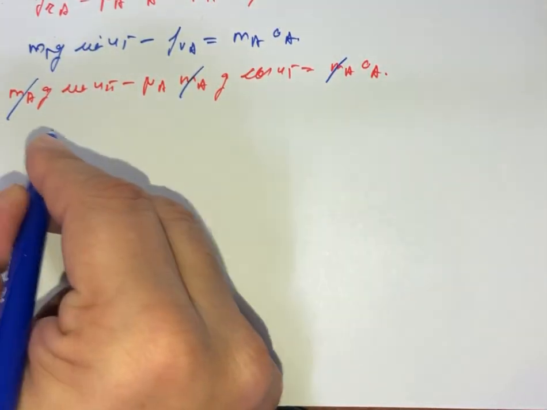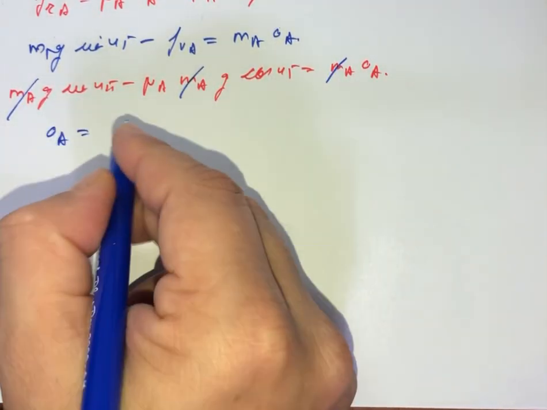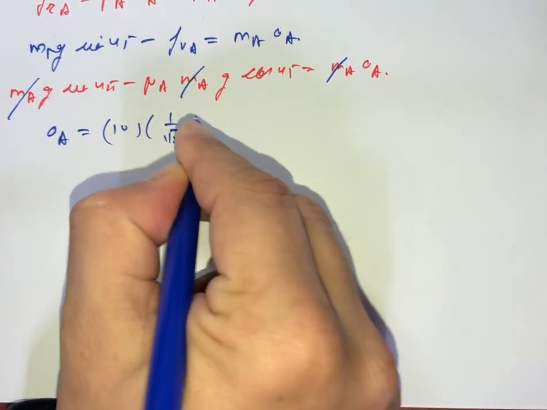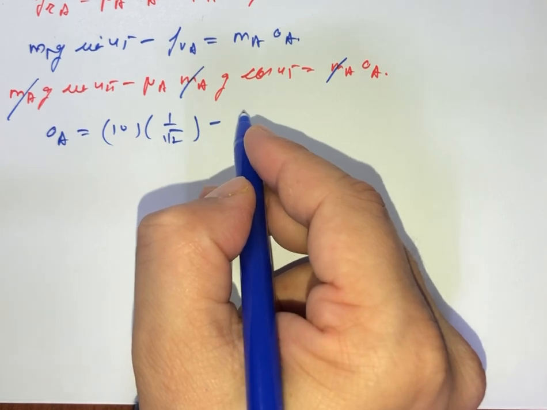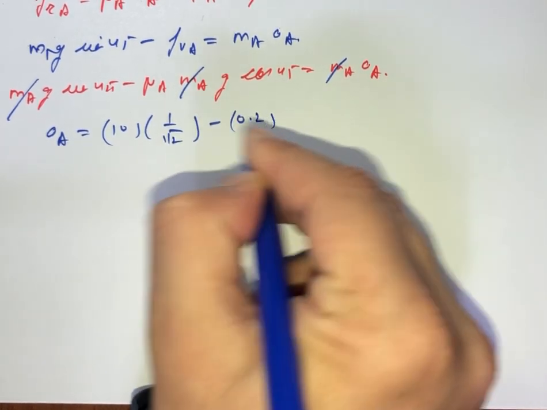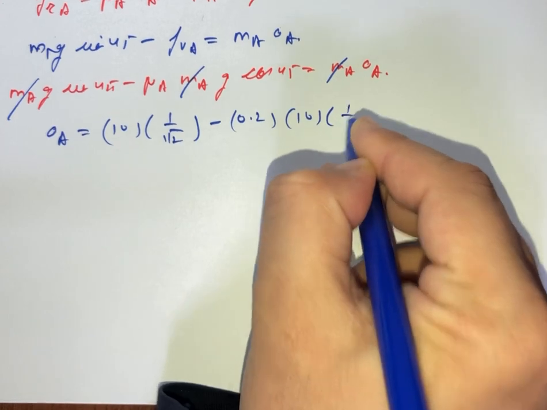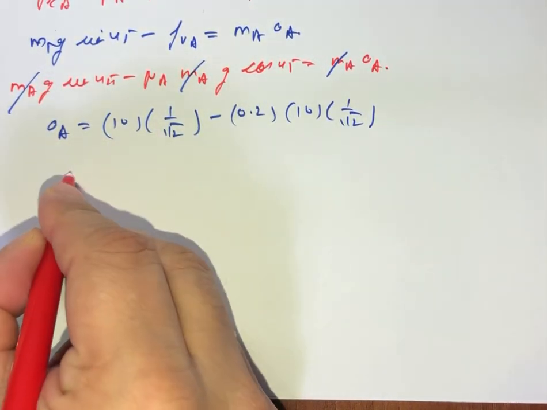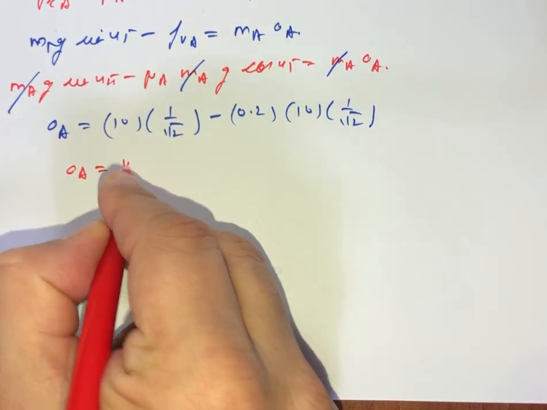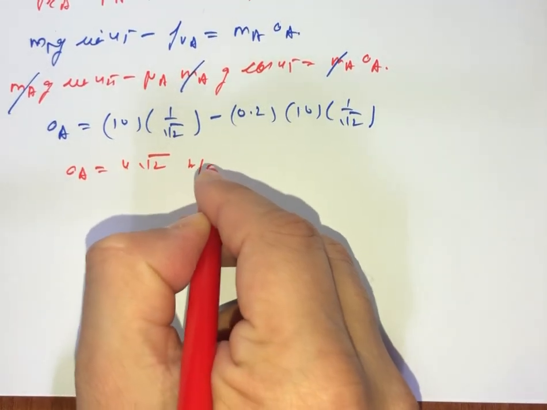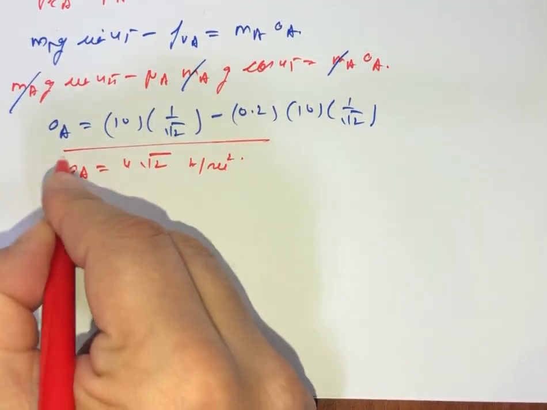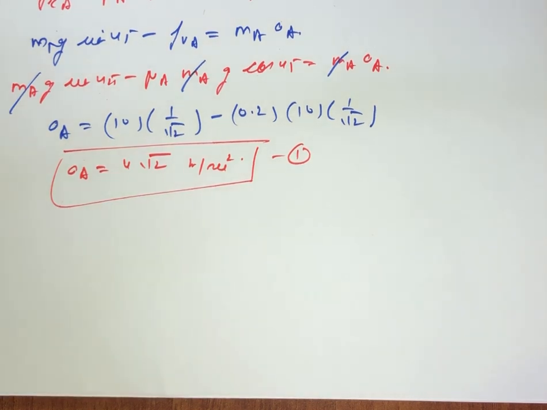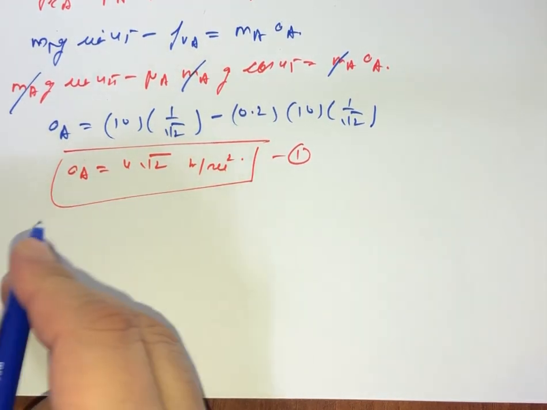So from here we can say our acceleration AA equals G, which is 10, sine 45, 1 by root 2, minus mu A, given as 0.2, G is 10, and this is 1 by root 2. So we get the acceleration of A equal to 4 root 2 meter per second square. This is equation 1.